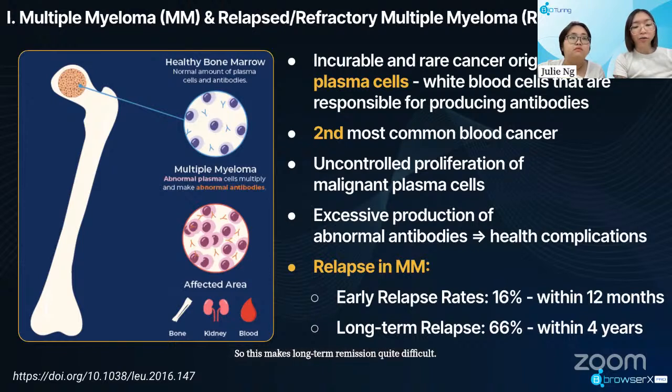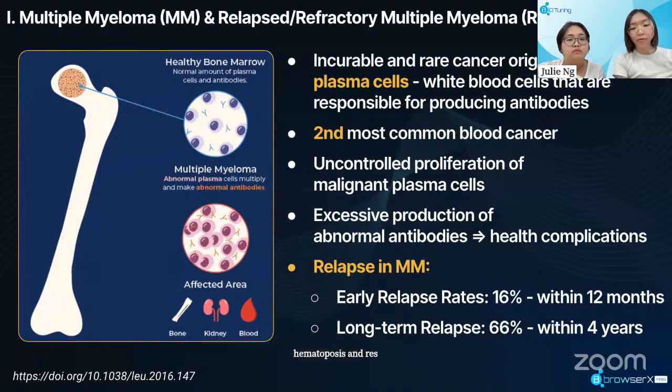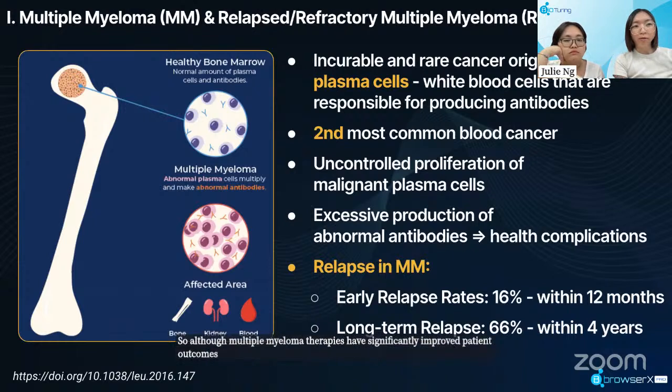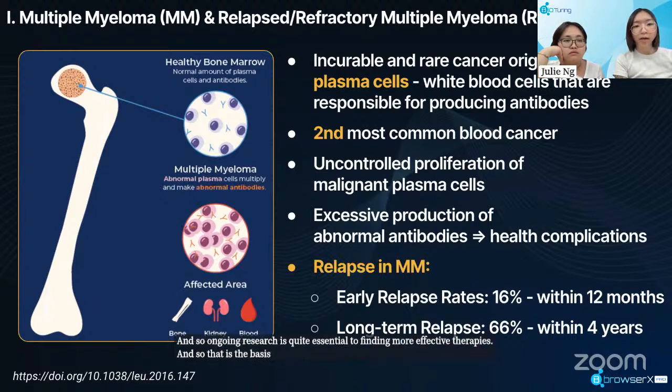Multiple myeloma is also associated with bone lesions and osteoporosis due to increased osteoclast activity, and hematopoiesis is impaired, resulting in reduced red and white blood cell production. Although multiple myeloma therapies have significantly improved patient outcomes, the relapse or refractory period remains a significant challenge. Ongoing research is essential to finding more effective therapies, and that is the motivation behind why we're researching multiple myeloma today.